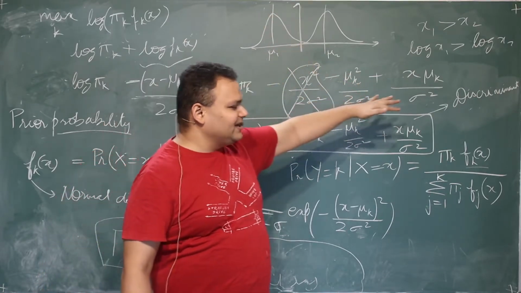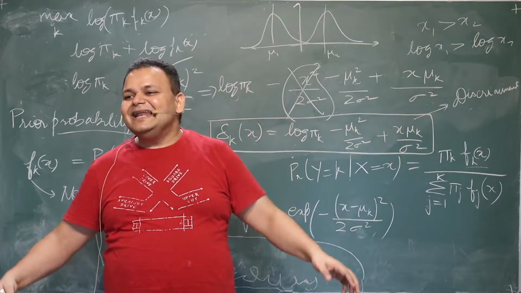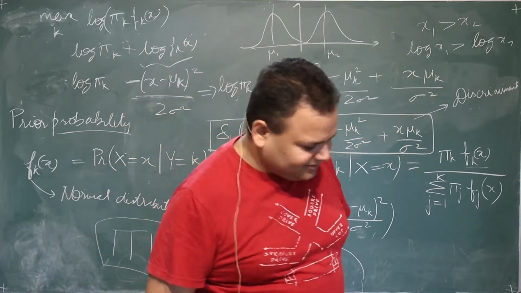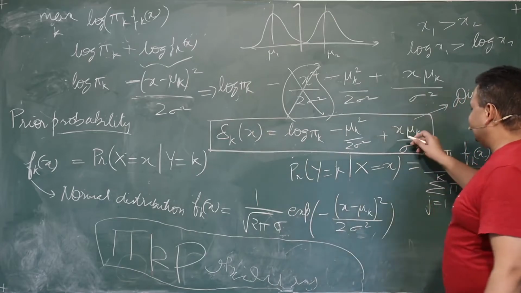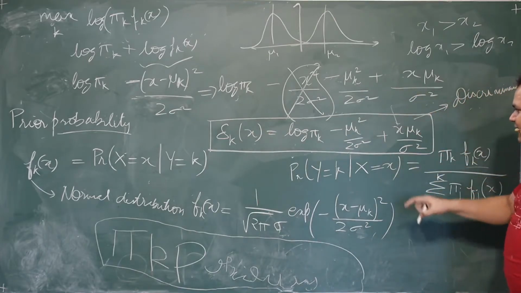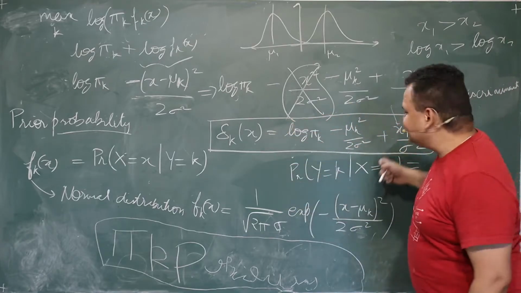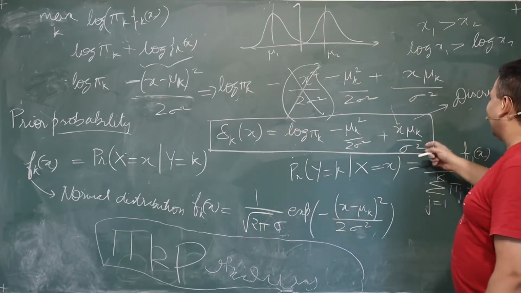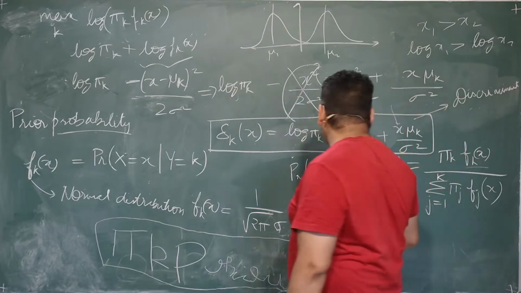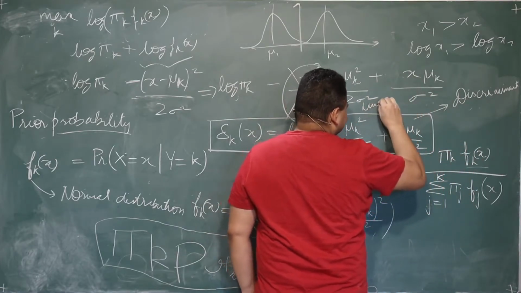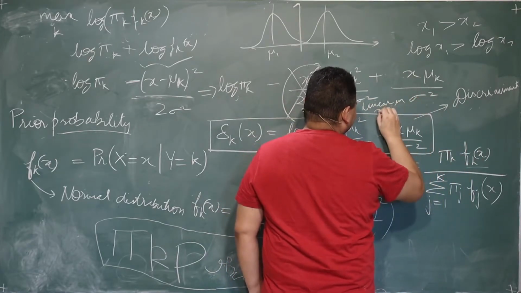I wrote the name of this particular methodology. It is called linear discriminant analysis, because this function is linear in x. This discriminant function is linear in x, therefore we call this linear discriminant analysis.